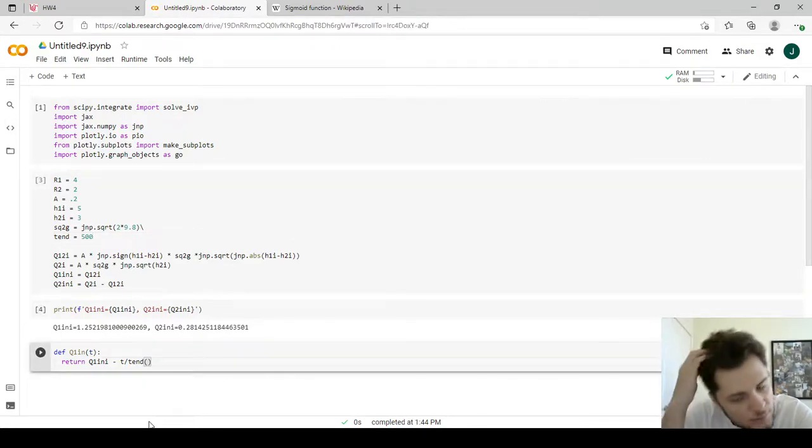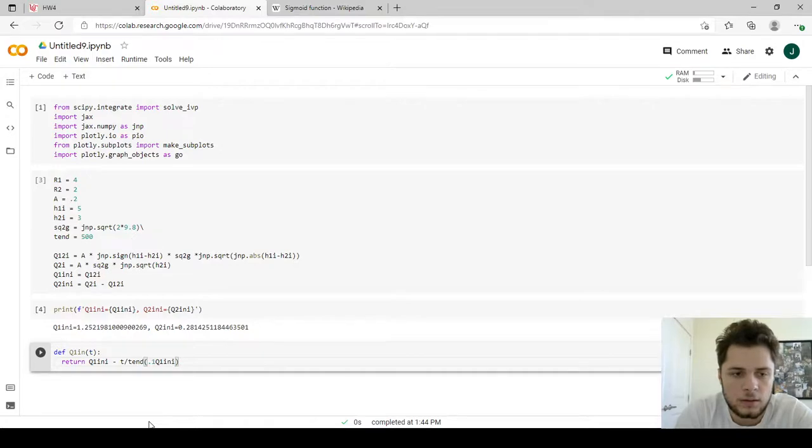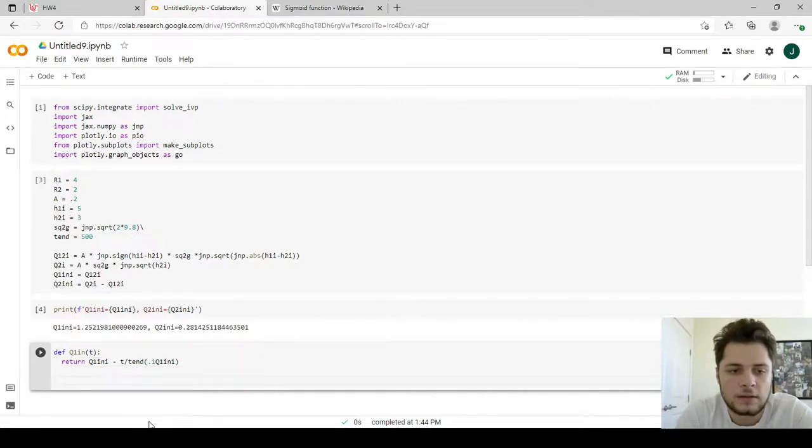And then that's going to be multiplied by 10% of Q1n. And then that's going to decrease our inlet flow rate for tank 1 by 10% over 500 seconds.